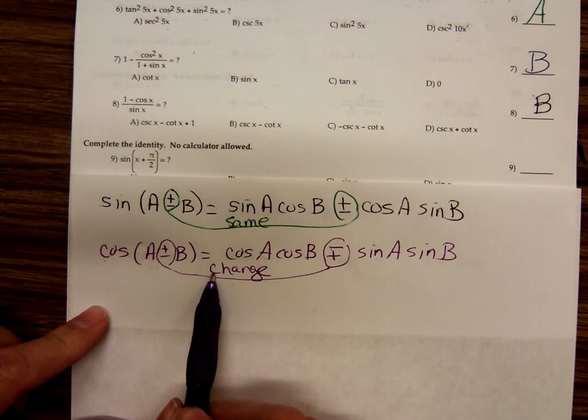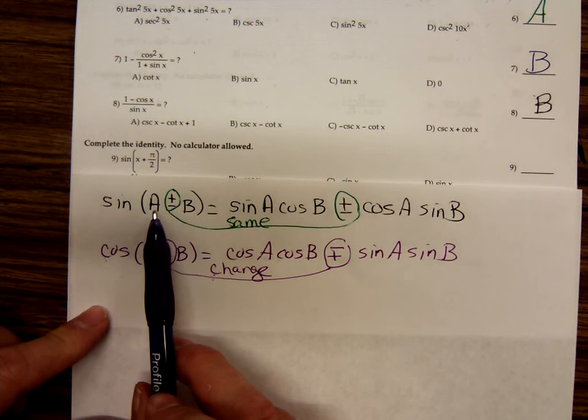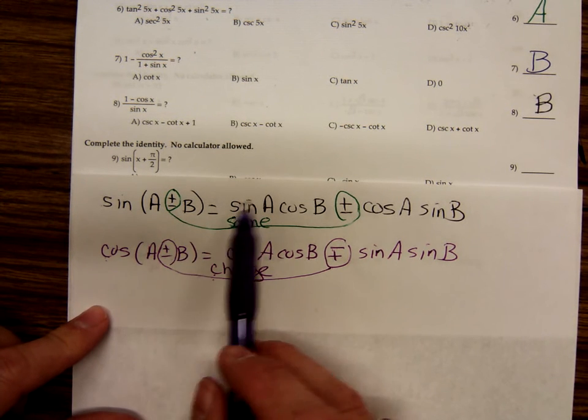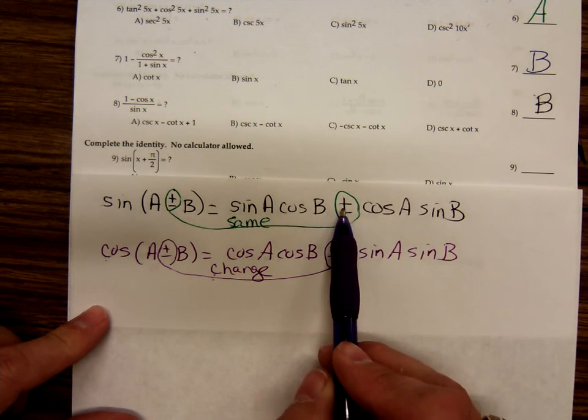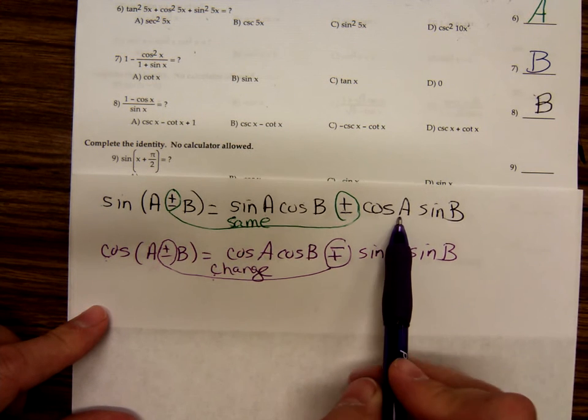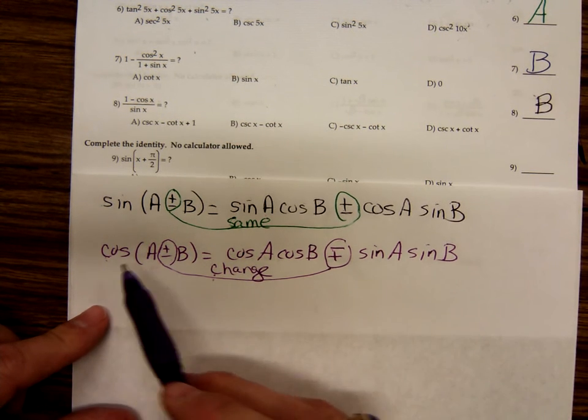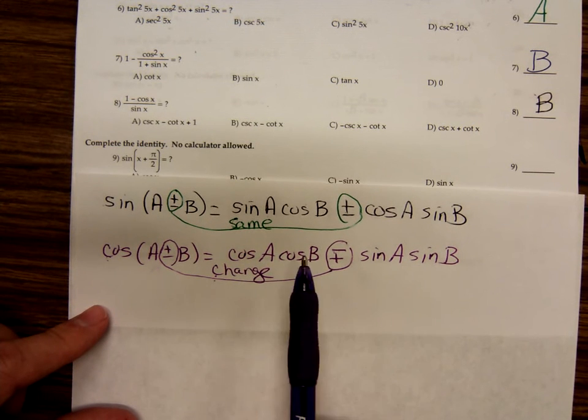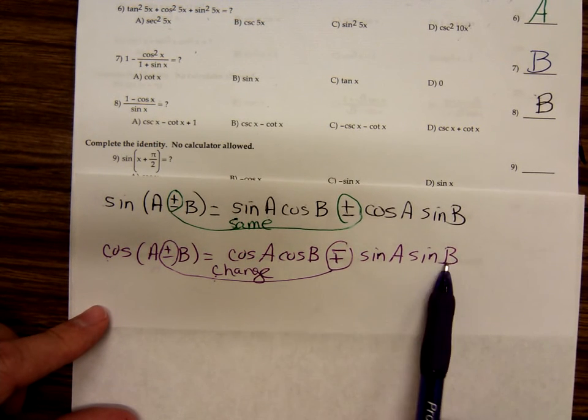So for sine A plus or minus B, sine, cosine, cosine, sine, same symbol in the middle. Notice I'm always going first angle, second angle, first angle, second angle. For cosine, the pattern is cosine, cosine, sine, sine, change the symbol in the middle.